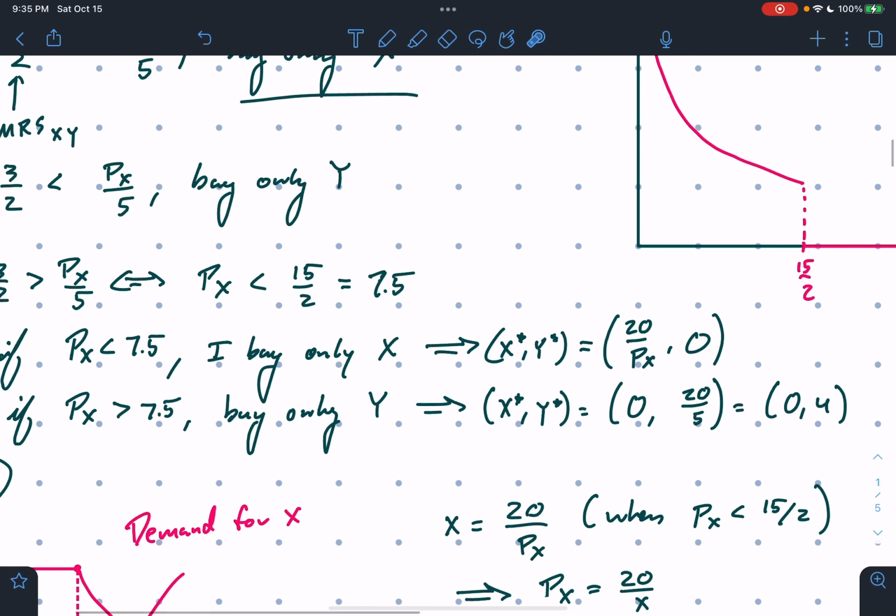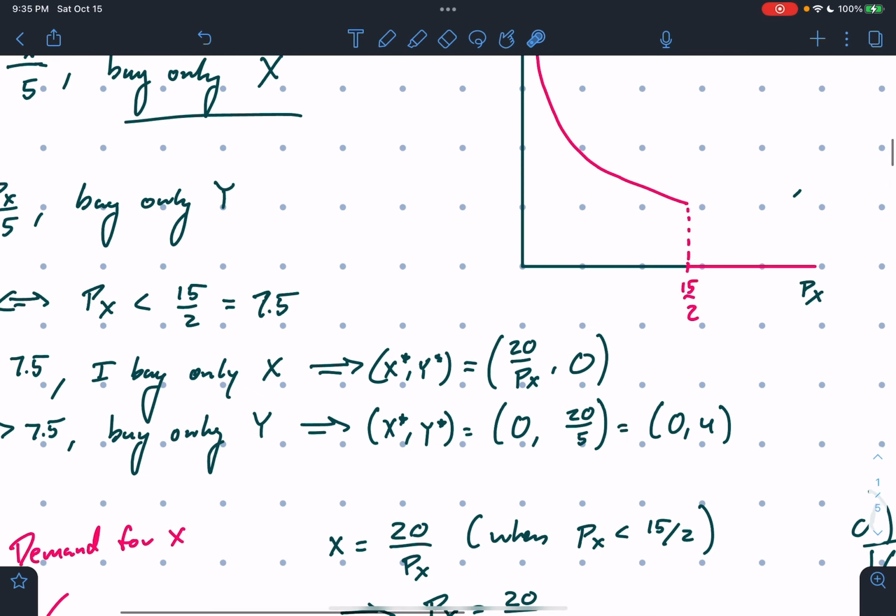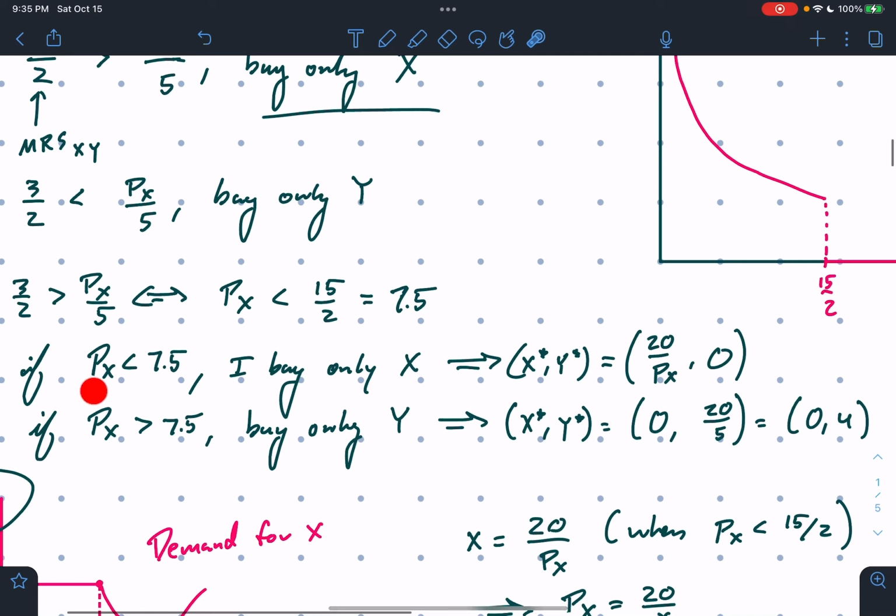This means that I demand 0 of x, and my income divided by py is how much I buy of y. So I buy 4 of y if the price of x is greater than 7.5, and I buy 0 of x. However, if the price of x is lower than 7.5, I buy only x, and my demand for x is 20 over px. My demand for y is 0.